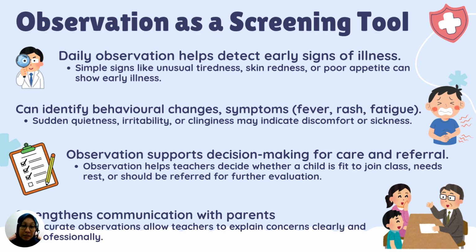This behavior can signal discomfort or the onset of sickness. So observation isn't just about identifying symptoms, it actually helps us to make decisions. It helps us to determine if a child is ready for class, or if they need rest, or if they require a referral for further evaluation.